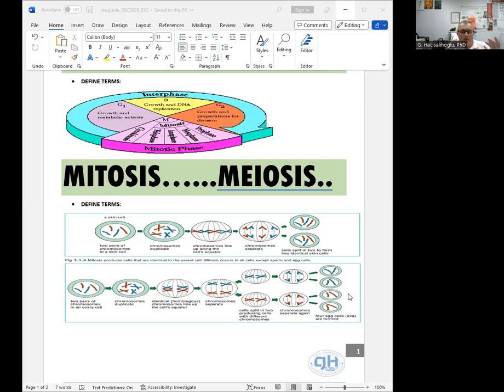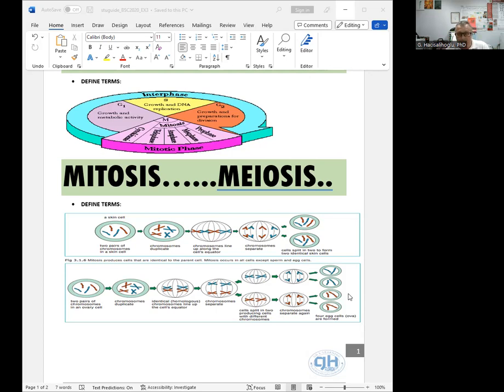Karyotyping is done during metaphase: you take a picture under an electron microscope, or some other great microscope like a fluorescent microscope, where you can easily see every chromosome and take their pictures.